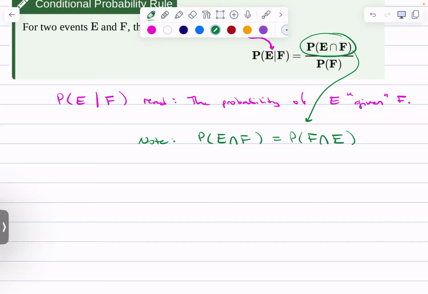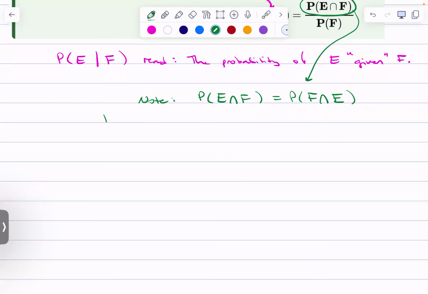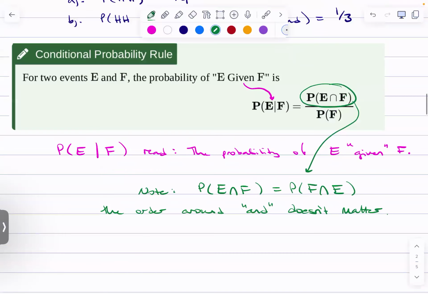And means multiplication in some way, so the order doesn't matter. Even if you're working on a problem and you need the probability of E given F, but maybe you only have the probability of F and E, just remember that that's the same as the probability of E and F.